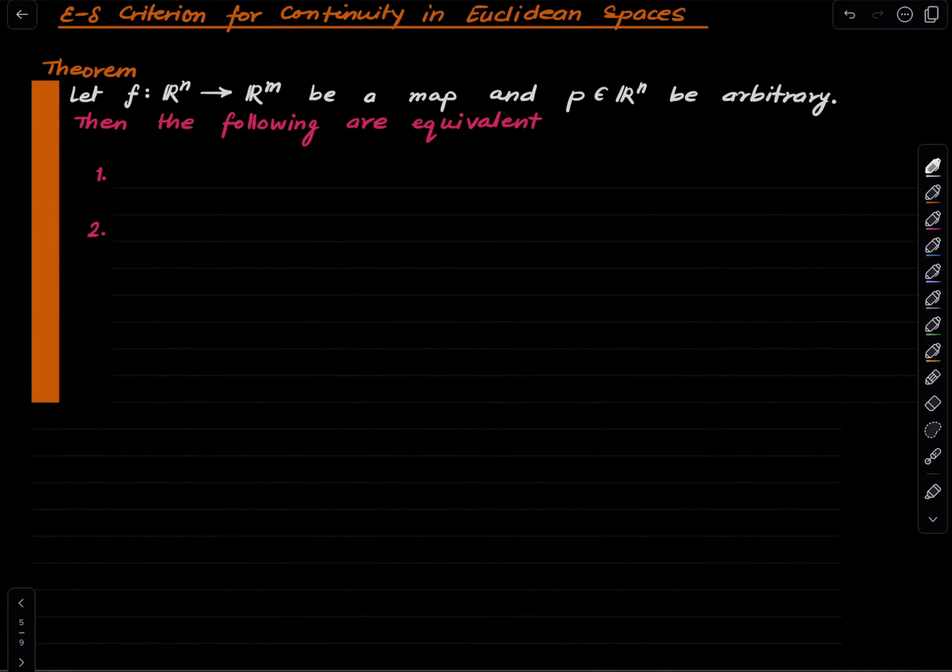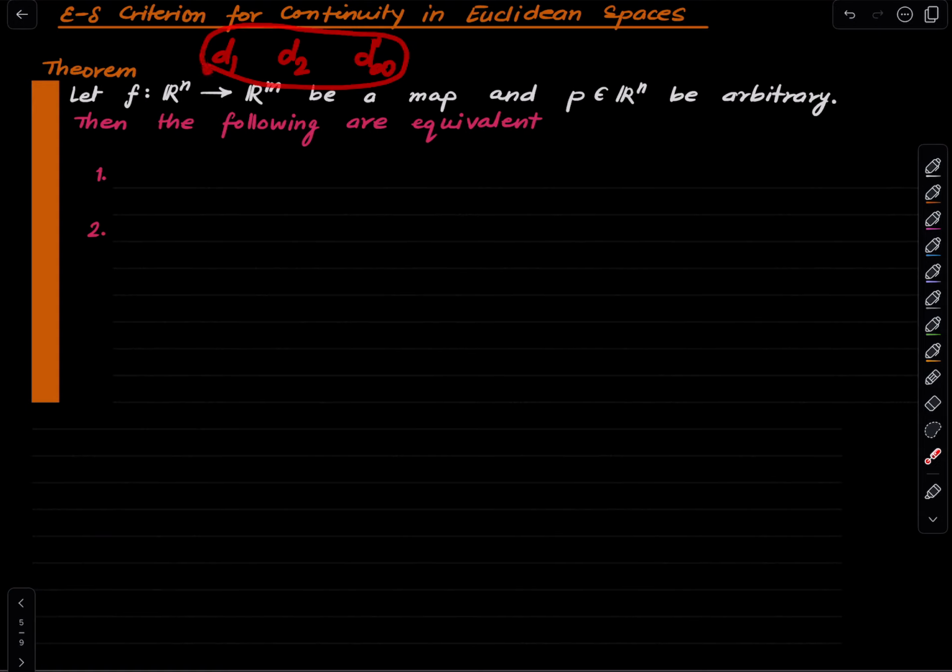And now something very interesting will happen. With all these things that we have done, we can establish the Epsilon-Delta criterion for continuity when we are concerned with the Euclidean spaces. So recall the standard topology on Euclidean spaces. You pick your favorite distance. Either you take the 1 distance or the 2 distance or the infinity distance.